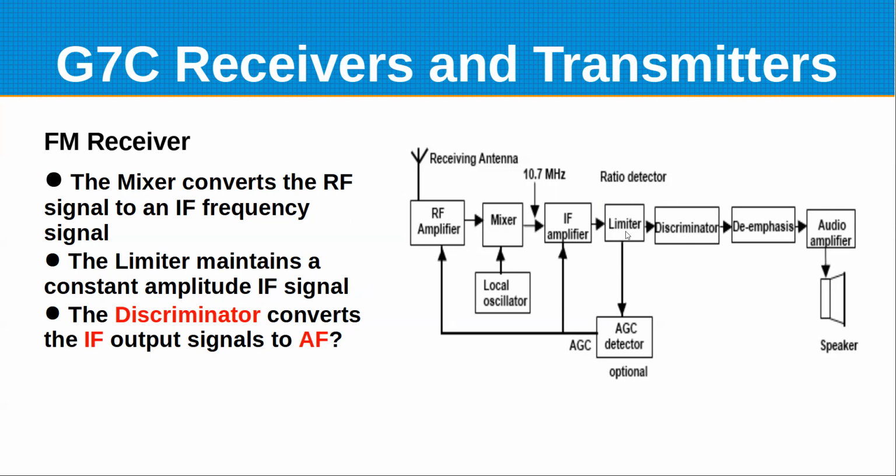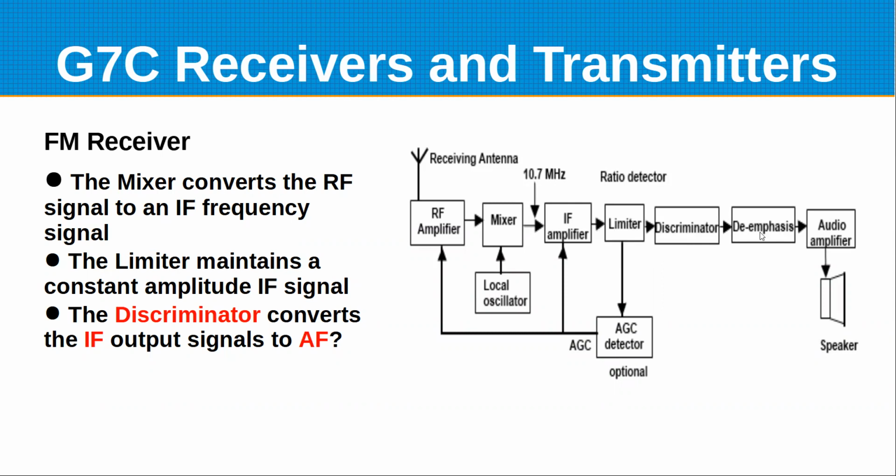So all you want to get out is the frequency deviation. So you want to get rid of any amplitude modulation or noise that's on there. So that's the purpose of the limiter circuit. So it's kind of like an ALC circuit.